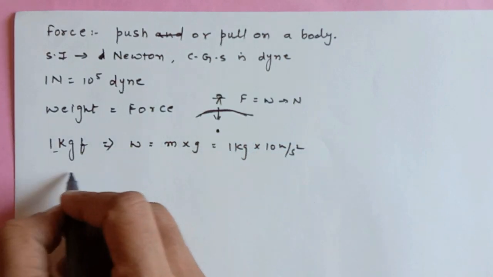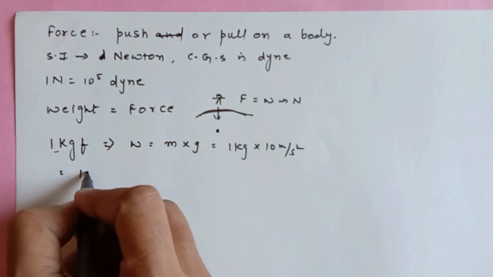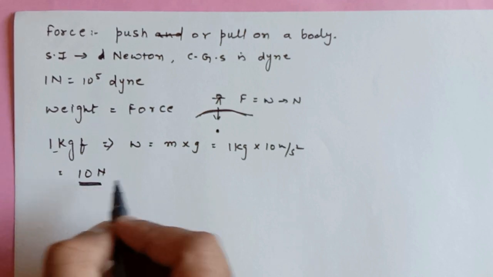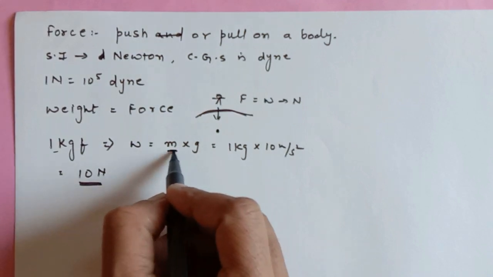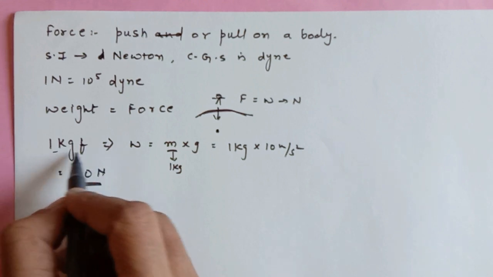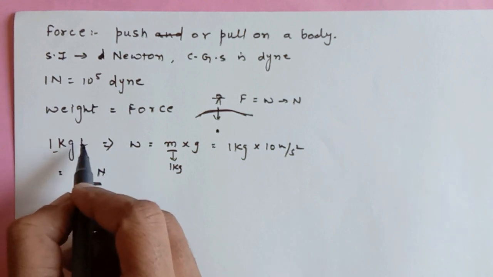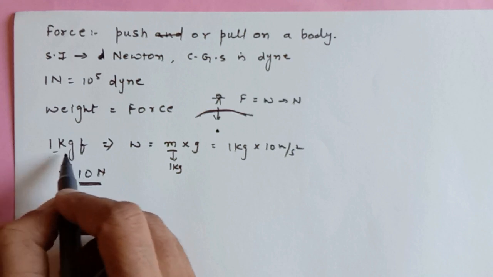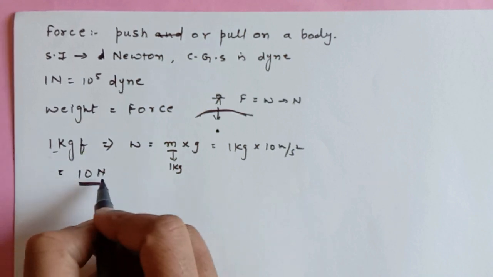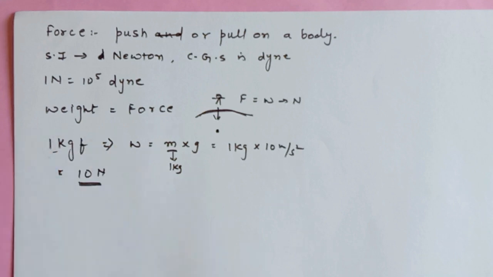So this turns out to be 1 into 10, that is 10 kg meter per second square, which is Newton. So 10 Newton is the weight of a 1 kilogram mass object. Right, and this itself is called 1 kgf. So 1 kilogram force, 1 kgf, is equal to 10 Newton. This is the conventional unit of force.